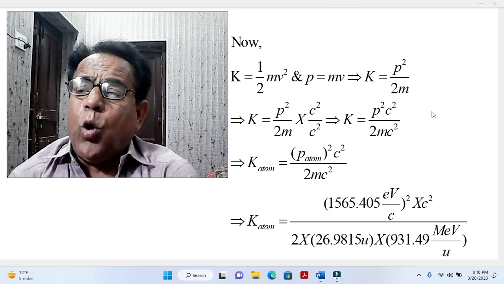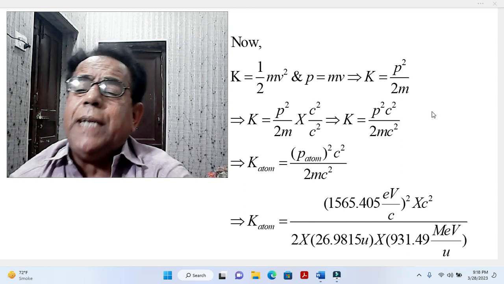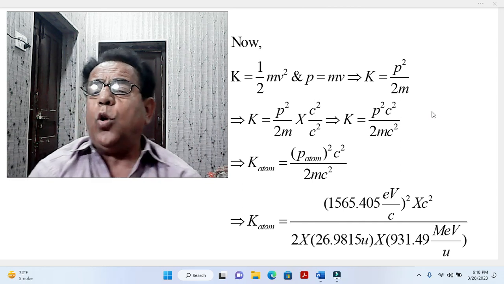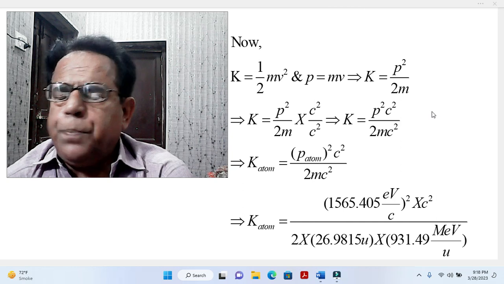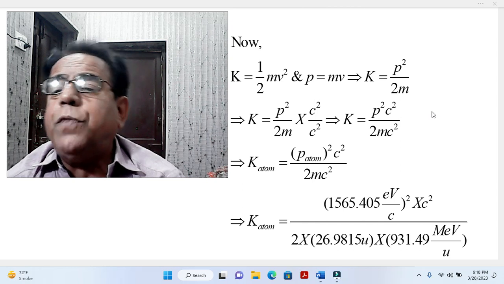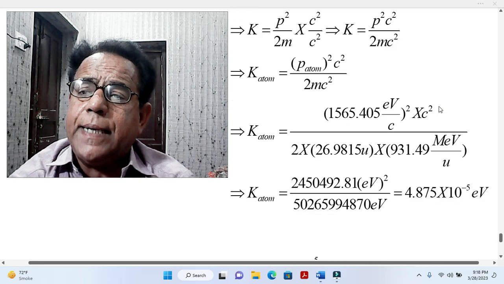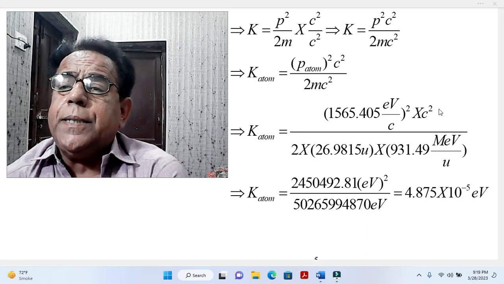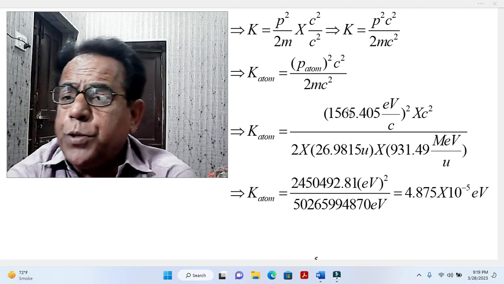Now we are taking into consideration the kinetic energy of the atom. Previously we had done it for the photon. So the kinetic energy of atom becomes equal to momentum of atom square into c square over 2mc square. We have already calculated the momentum of atom in the previous step, so we have just put its value.